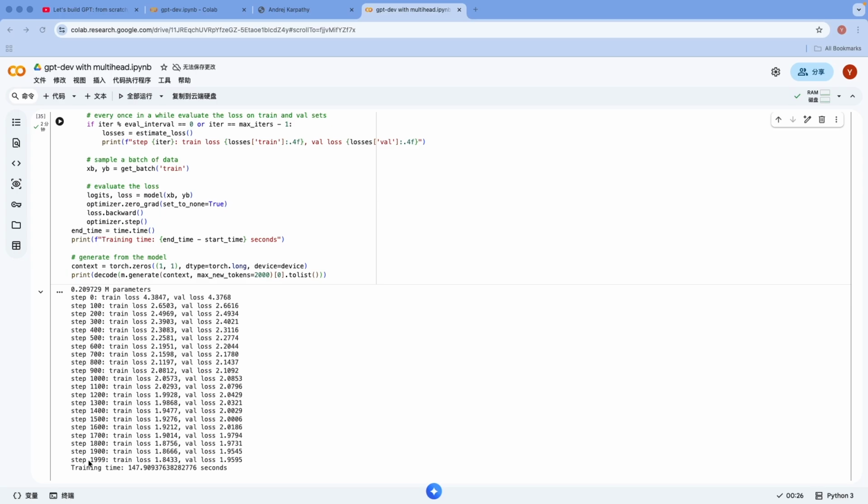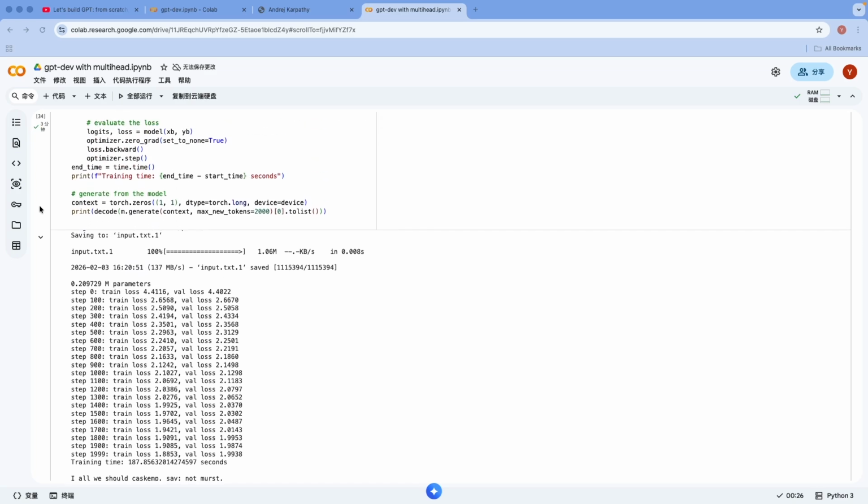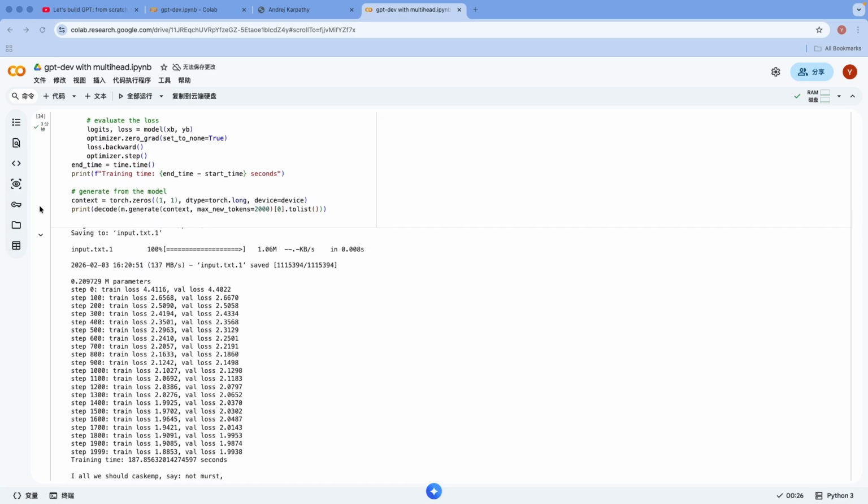For 2000 steps, it takes 147 seconds, and for the old structure, where we only use the old head class and multi-head attention, it takes 187 seconds. That means with our new multi-head attention layer, we saved almost 40 seconds in 2000 steps. So it's a huge improvement actually.